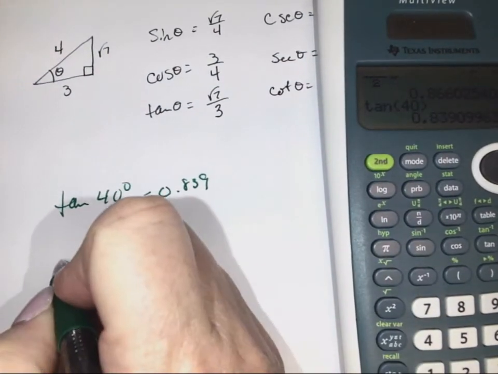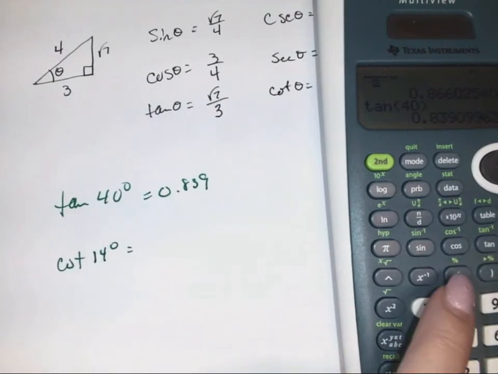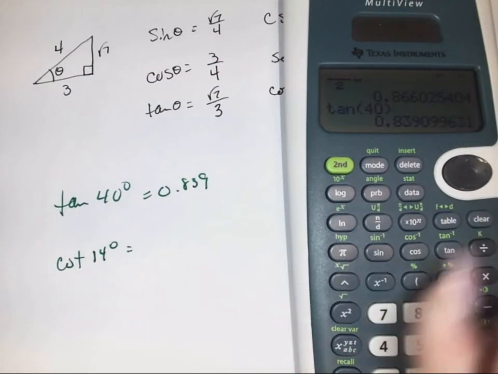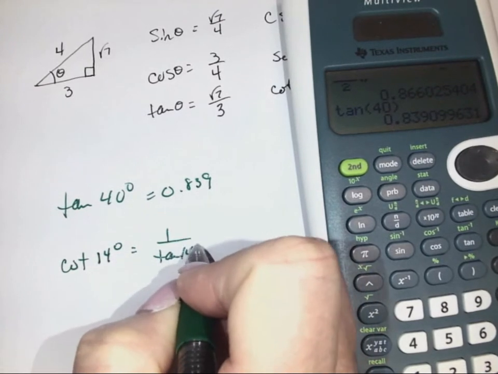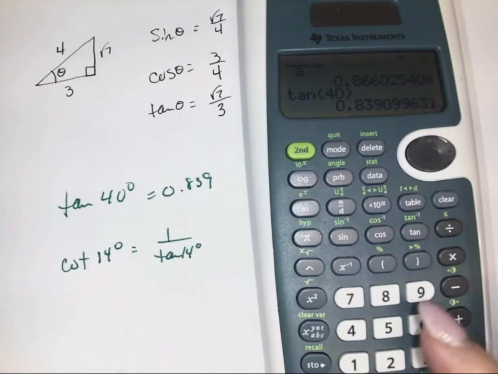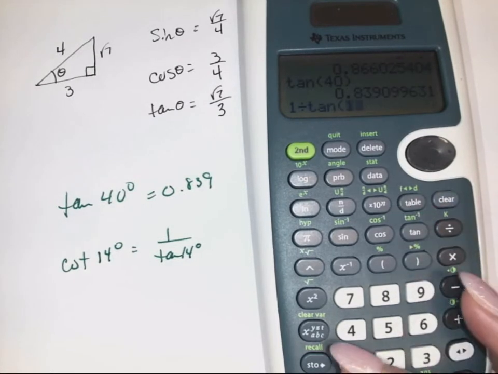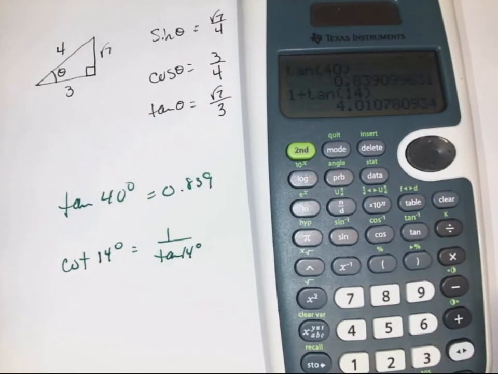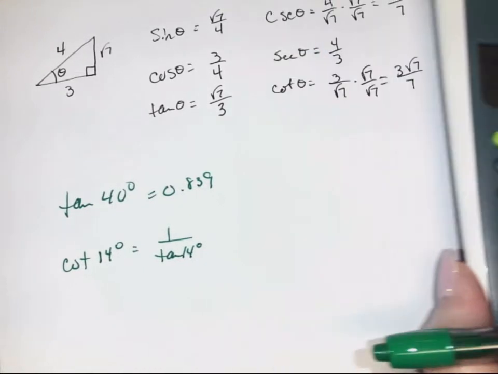All right, let's do the cotangent of 14 degrees. Well, we don't have a cotangent button, so remember that's going to be 1 over the tangent of 14 degrees. So 1 divided by the tangent of 14, and that gets us 4.011.